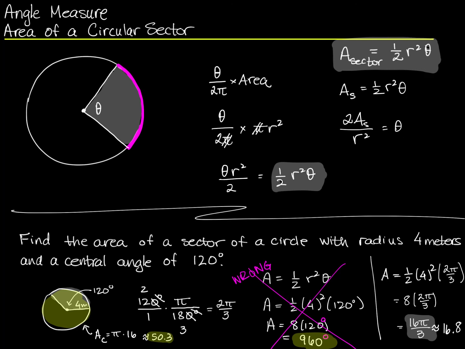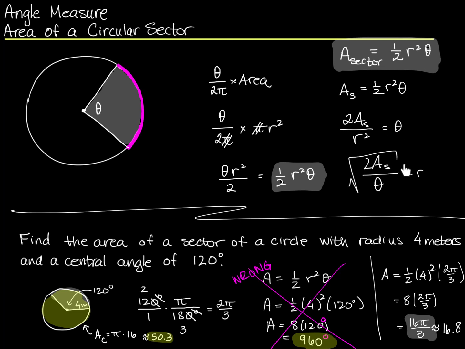If I know the area and theta, the area of a sector times 2 divided by theta equals r squared. So the square root of this is equal to the radius. So if I know the area of the sector and the angle, then I can find the radius.